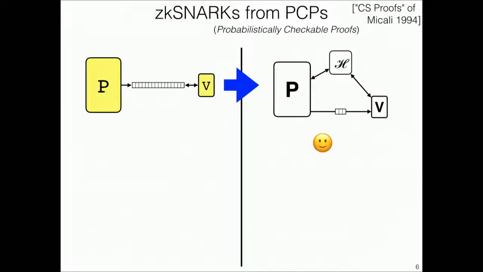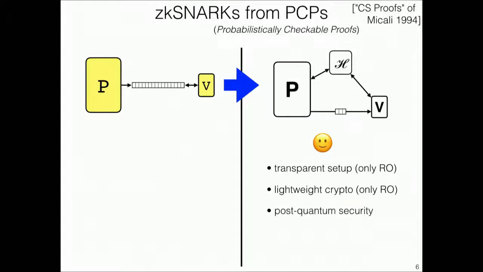And already back then, this construction had these properties that today we recognize are very attractive, such as a transparent setup, lightweight cryptography. You only use these things called random oracles, which are cryptographic hash functions, and it's plausibly post-quantum secure. Already in the 90s, we had such things.